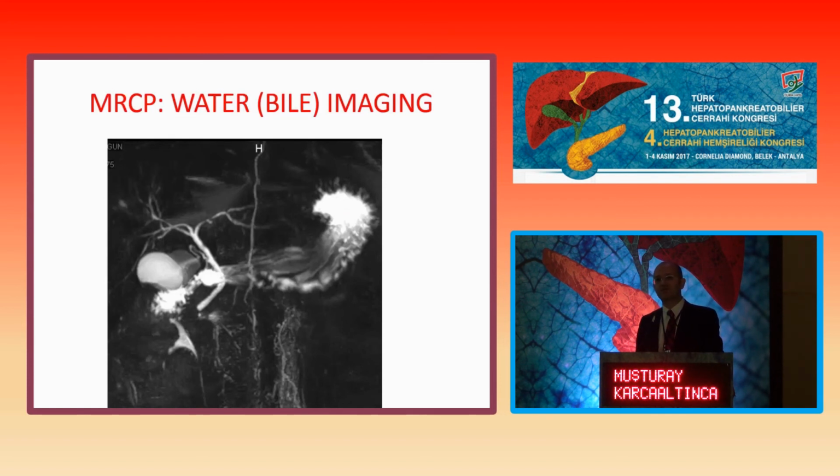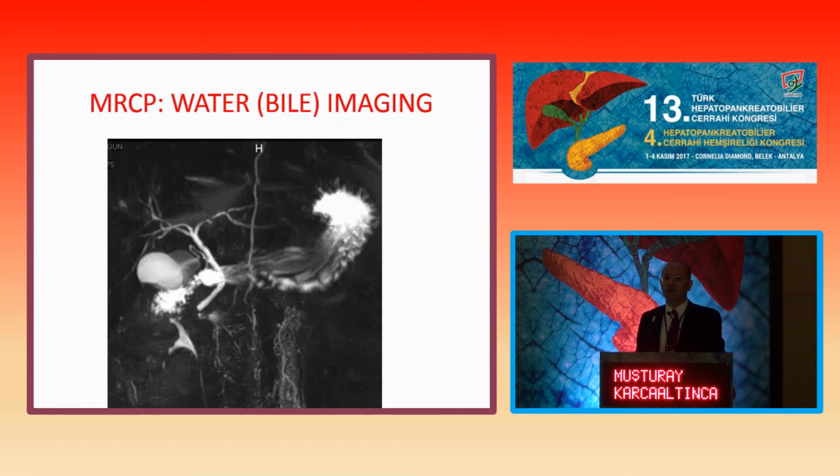I know most of the time surgeons and gastroenterologists are confused with MRI imaging, but MRCP has a very simple principle. We image the water in the body. So we blacken every other tissue, but we see the water. Therefore, sometimes you can see the biliary system, but in addition to that, we can see the fluid in the stomach, the duodenum.